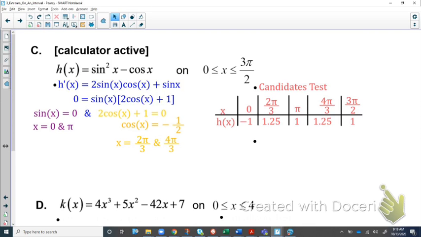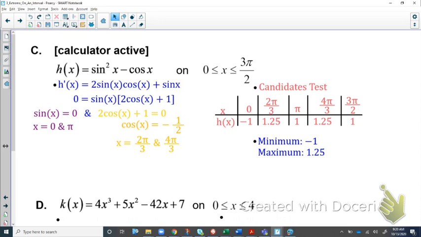So where do I have my minimums and maximums? I have a minimum when x is equal to 0 and y will be equal to negative 1. And at 1.25, I'm actually going to have 2 places that produce a maximum. And this is partly why I'm not writing them out as an ordered pair.